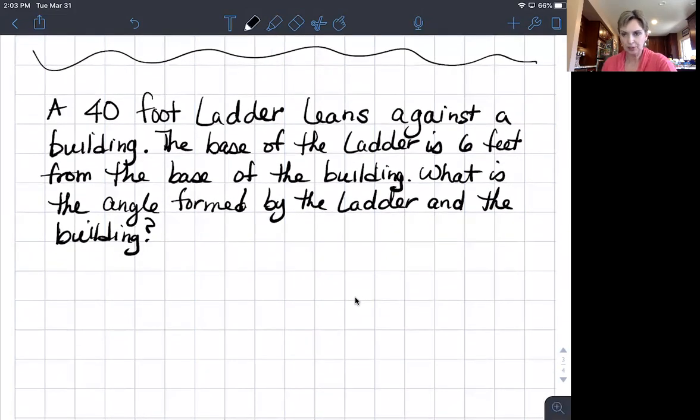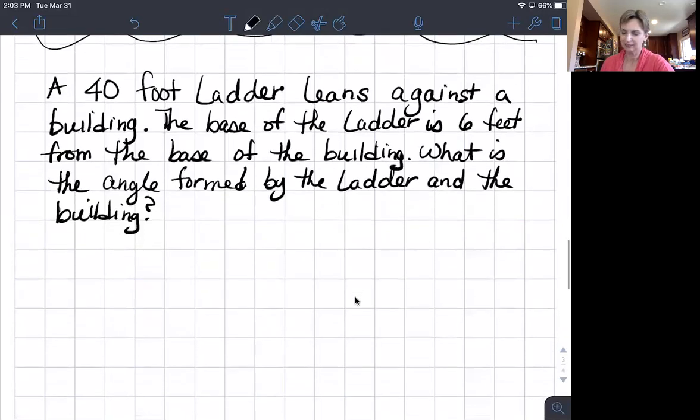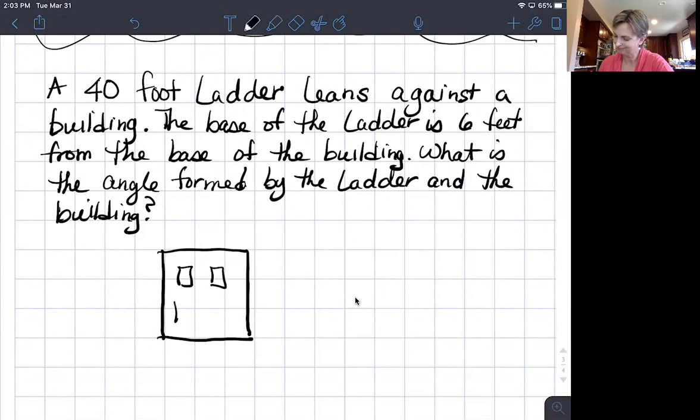Okay, so what is it we're talking about here exactly? We have a building. This is my building, some windows. We have a ladder leaning against the building. Here's my ladder. Okay, what do we know?